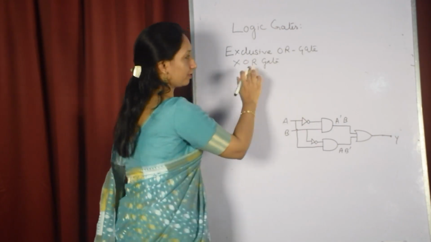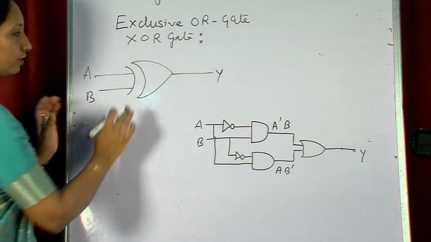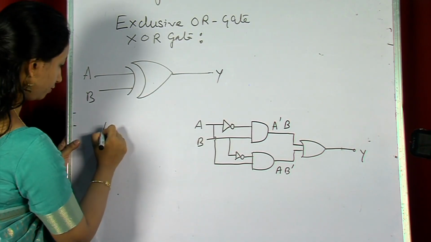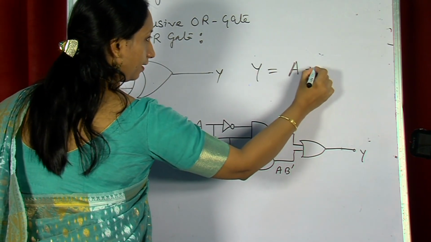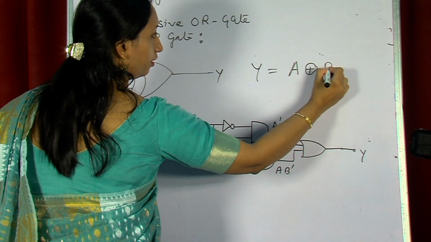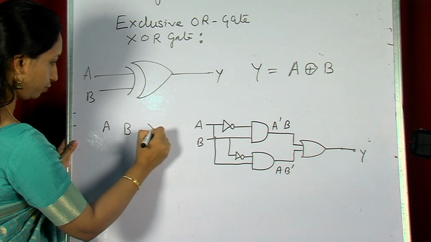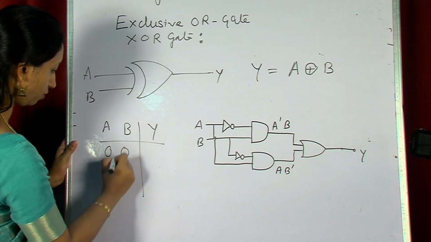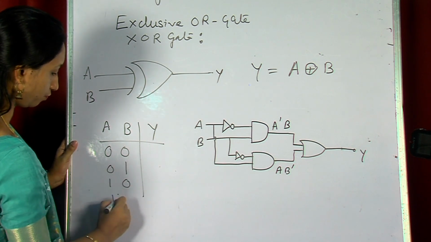It is also called XOR gate, and this is the symbol of the exclusive OR gate. So here, in the truth table, the output is represented as A exclusive OR B, and the truth table is shown as this: 0 0 0, 0 1 1, 1 0 1, then 1 1.